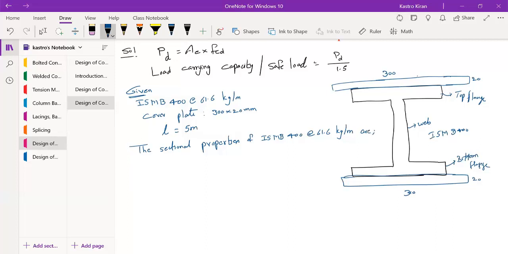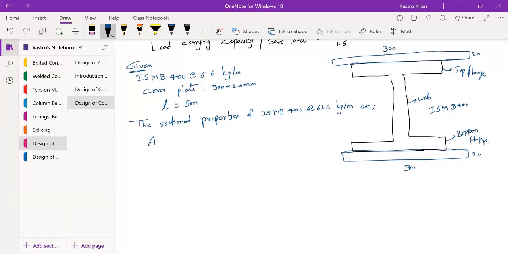The first one is area, which is 7846 mm square, and the next one is height, which is 400 mm. All these values you obtain from the steel tables book, so you have to refer to the steel tables book in order to find all the sectional properties. And the next one is thickness of the flange, which is 16 mm, and the thickness of the web, which is 8.9 mm. Okay, let's keep these values aside for the time being.